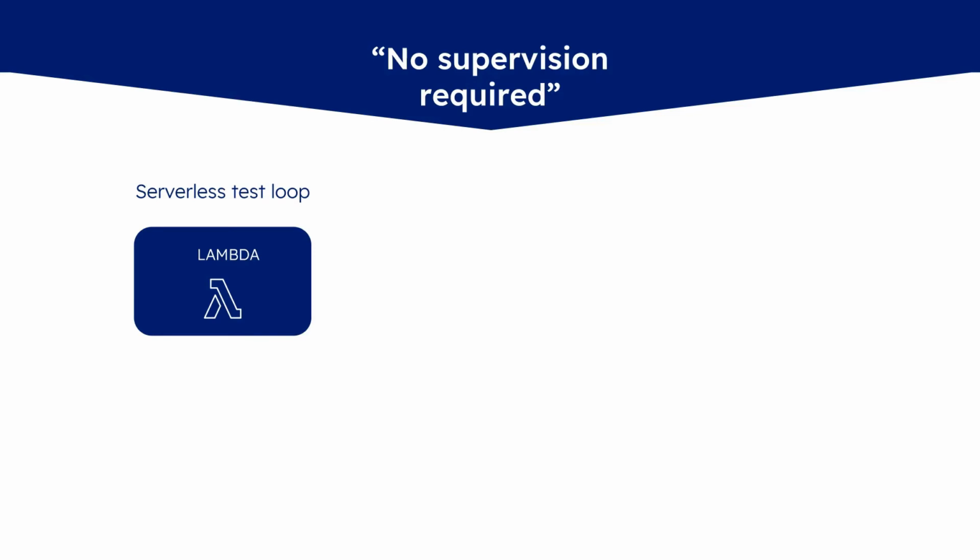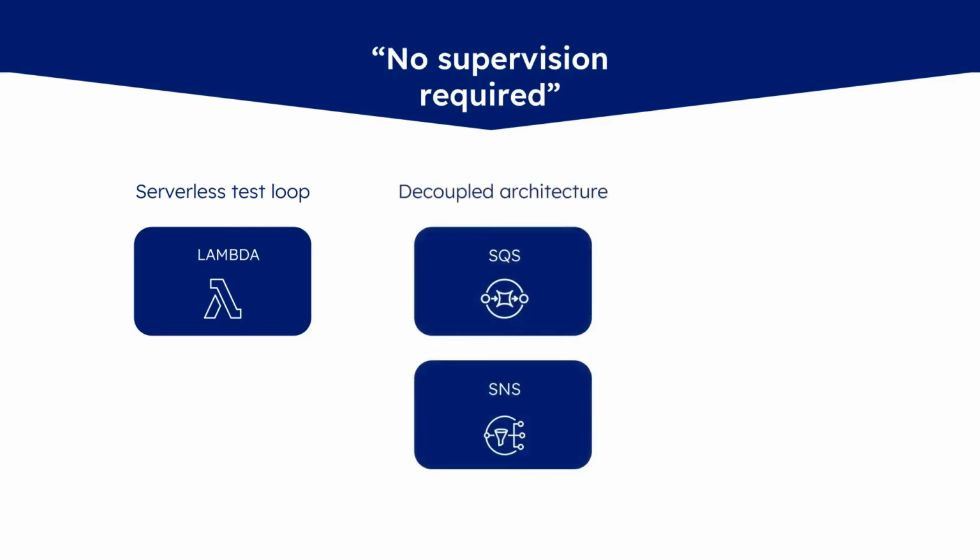Furthermore, by using AWS's managed messaging services, we were able to decouple individual components within the test loop, as well as the test loop from the rest of the system. This design provides assurances that test runs will be processed eventually, even in cases of extremely high volume, or if one of the loop components fails. As Miles mentioned earlier, once a test is configured, it is able to run and generate alerts, even if the UI and backend app go down.